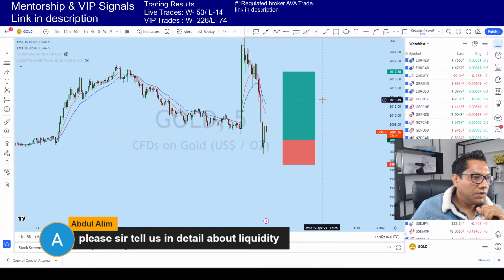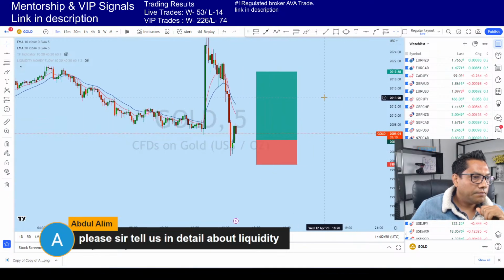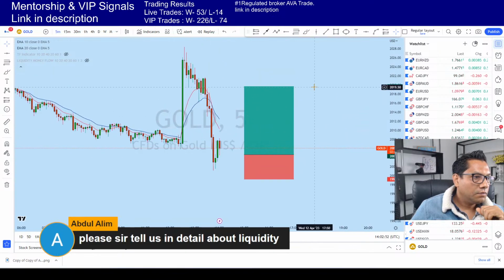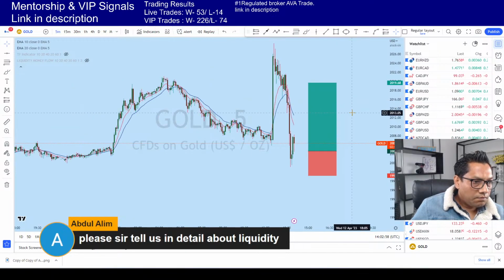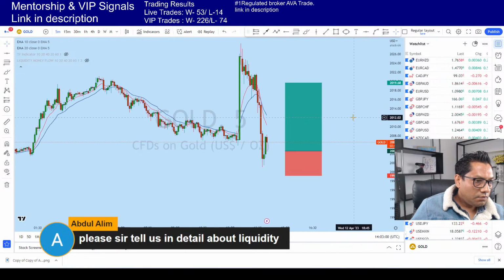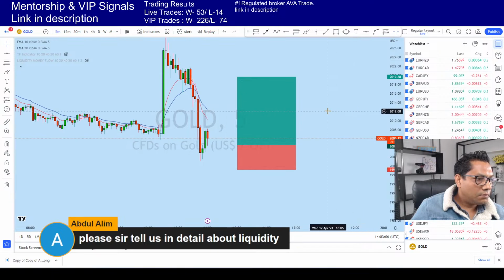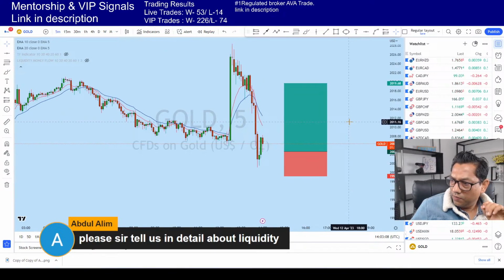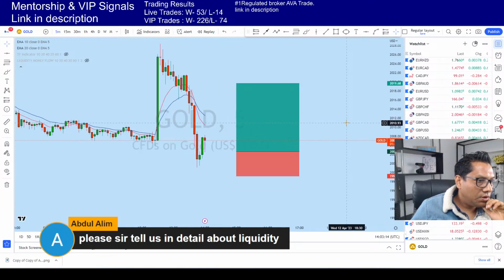Okay, so if this is the case, then this 5-minute chart is very important to see how the price is doing.